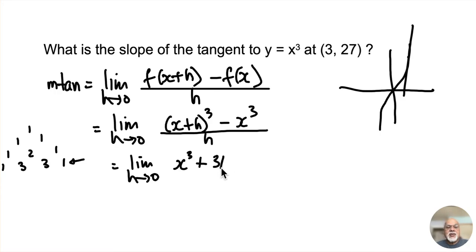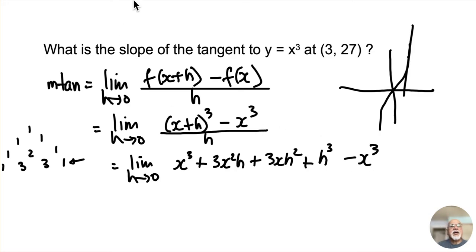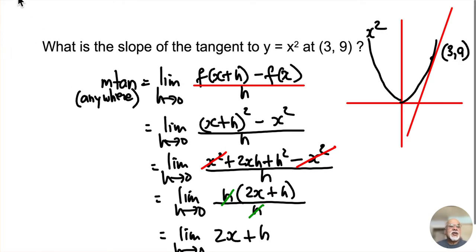So that becomes 3x squared h, plus the next coefficient is 3, but this would be x h squared, and then finally plus h cubed at the end, 1h cubed. Then minus the x cubed from the f of x, all over h. And you notice that the x cubed and the x cubed here go away, just as previously happened when we were doing it with x squared. Same thing happened there.